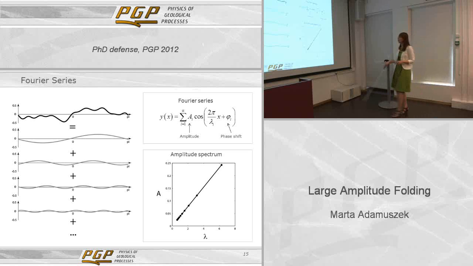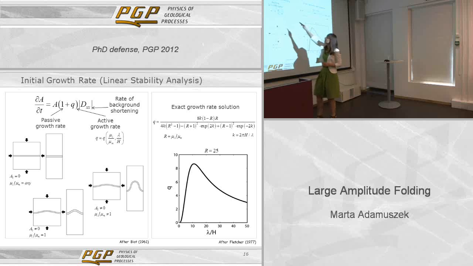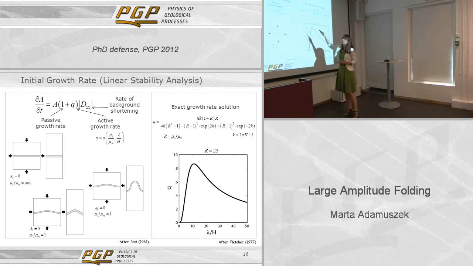And that's why, for convenience, it's easy to follow this evolution of the fold on the amplitude spectrum. The linear stability analysis predicts that amplitude evolution is given by such a form. The amplitude evolution is driven by the rate of background shortening, and it depends on the amplitude itself.